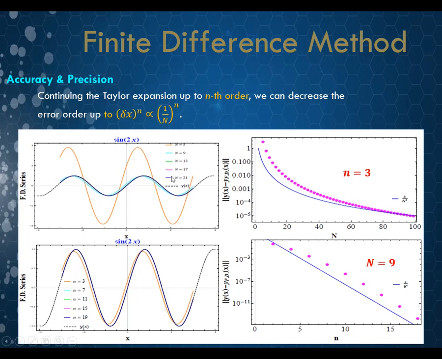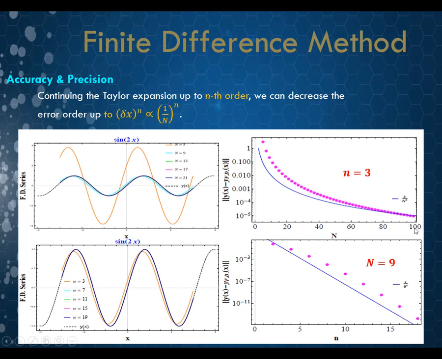Capital N means the number of grid points, and small n is the order truncated from the expansion. For example, if you fix the order of expansion at 3 and try different numbers of grid points, you can find the estimation of sine of 2x.